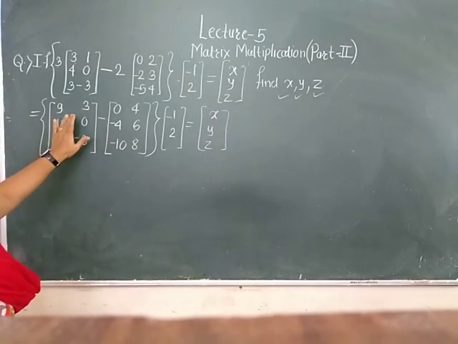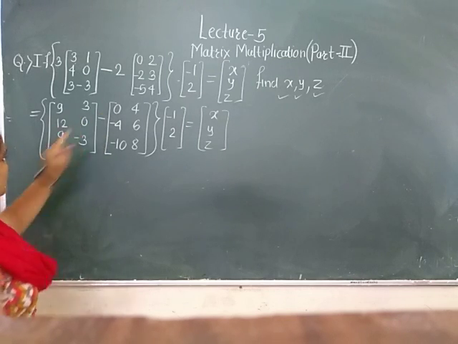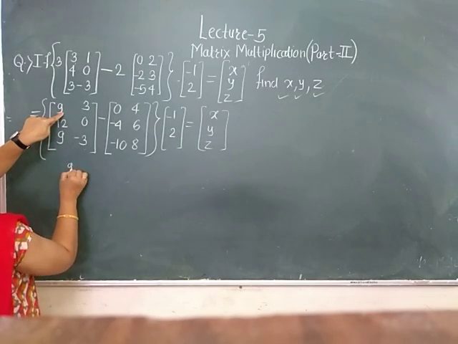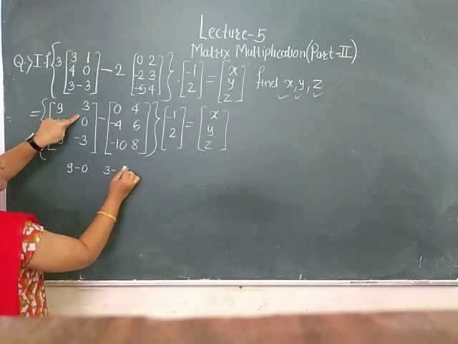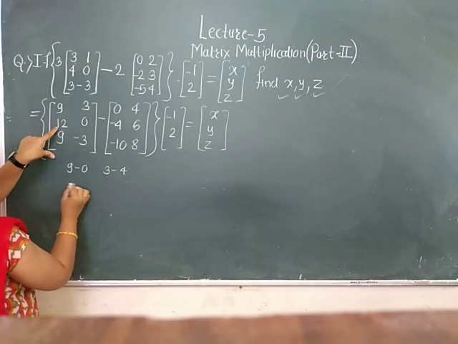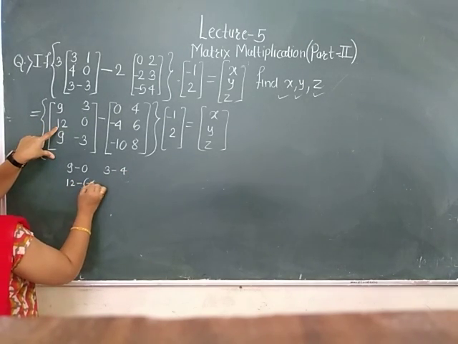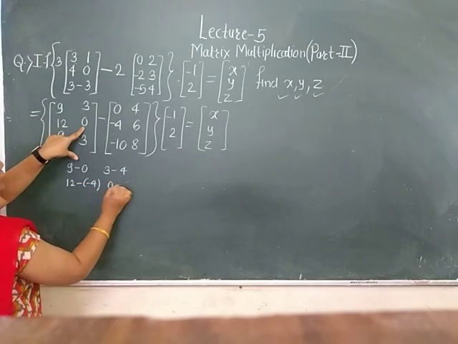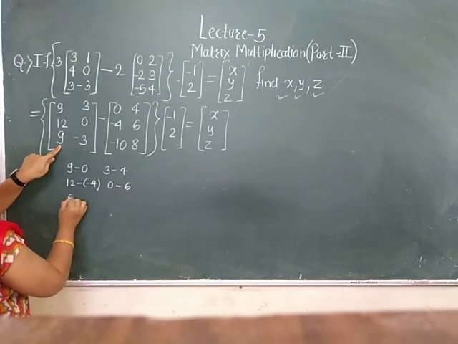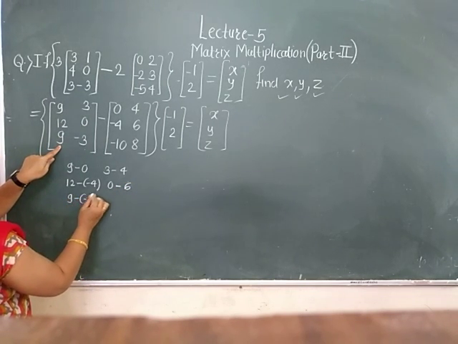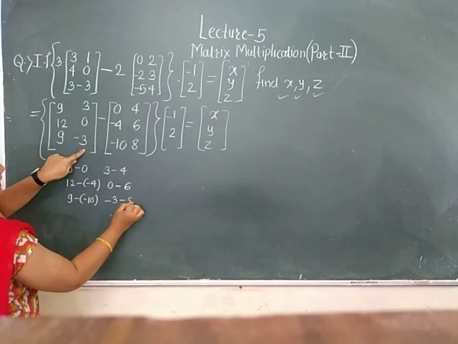Now let's do that subtraction. 9 minus 0, 9 minus 0, 3 minus 4, then 12 minus 4, then 0 minus 6, 9 minus minus 10, minus 3 minus 8.